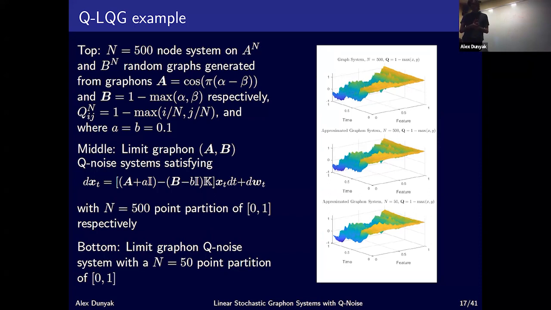We take one sample path of the Q-noise with this covariance operator here. And then we are using that same sample path for each system, because otherwise these systems would agree in distribution, but not in specific trajectory, which is not very illustrative.